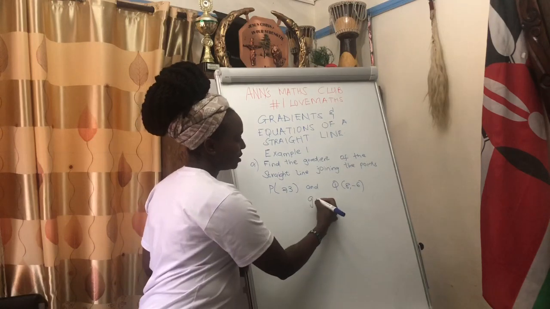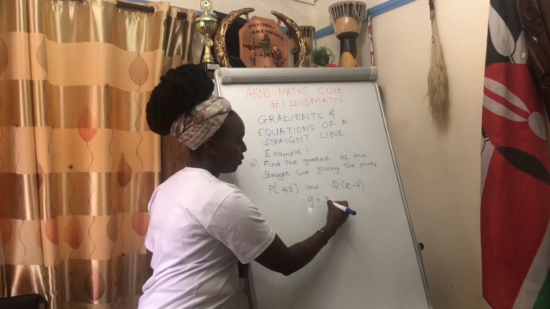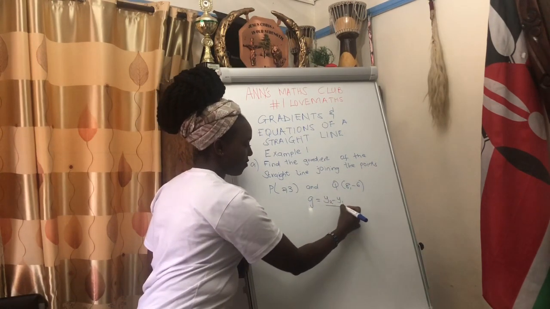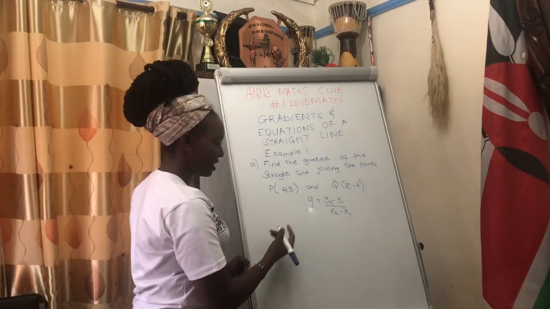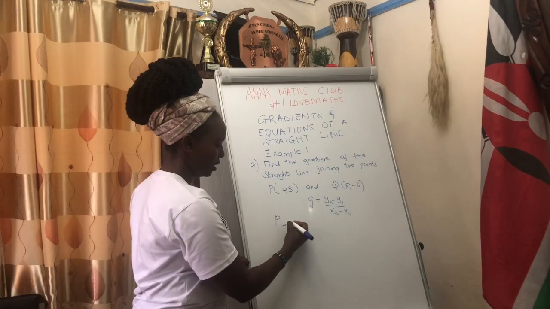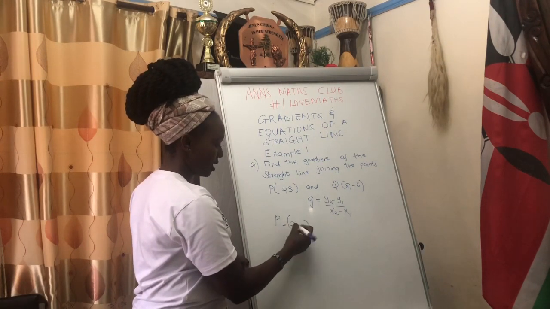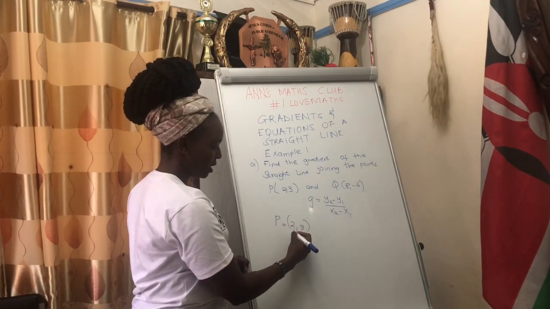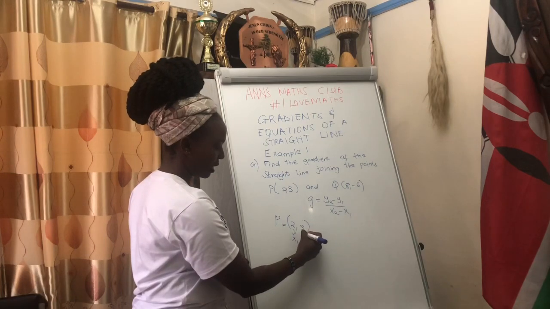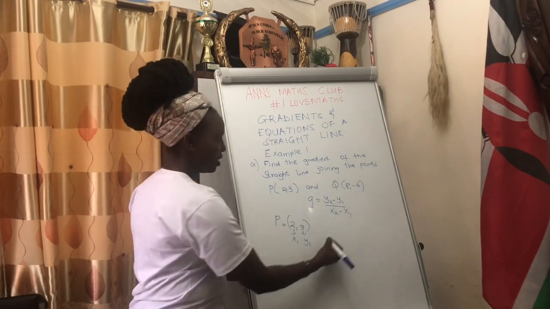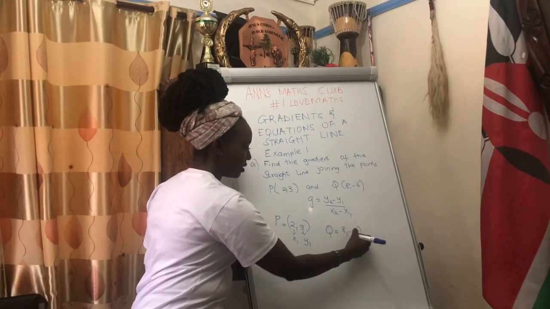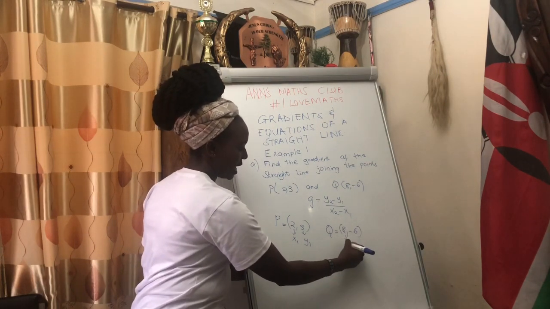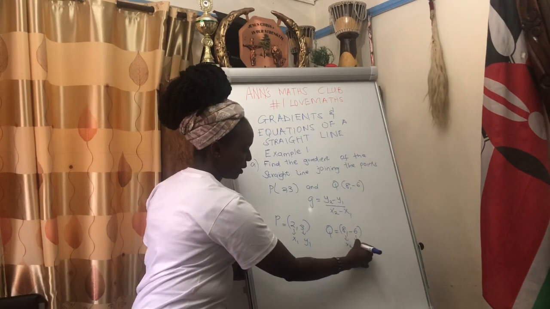So you know gradient is the change in y, y2 minus y1 over x2 minus x1. For you to calculate that, you can write P (2, 3) and name this x1 and this y1. Then get the other point Q (8, -6) and name them x2, y2.